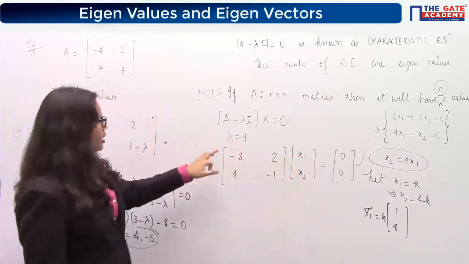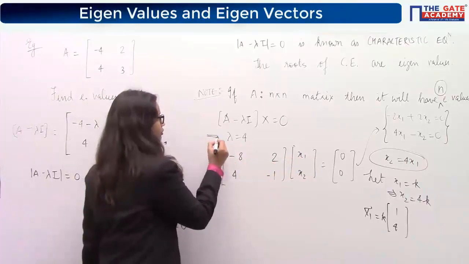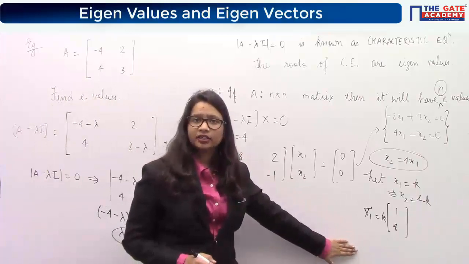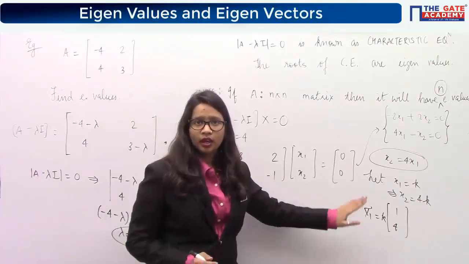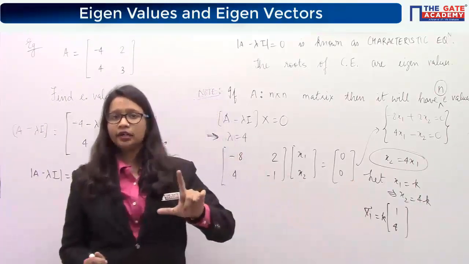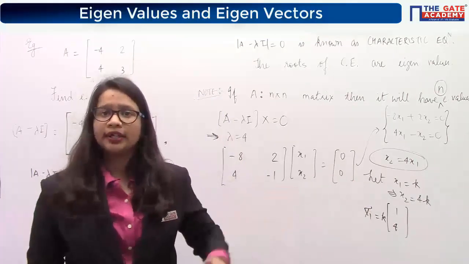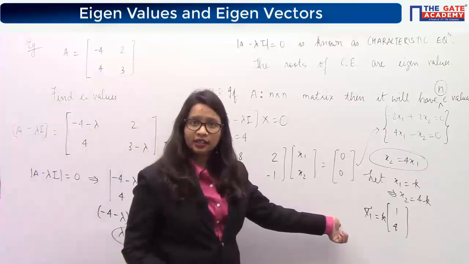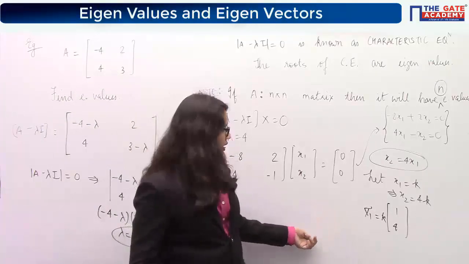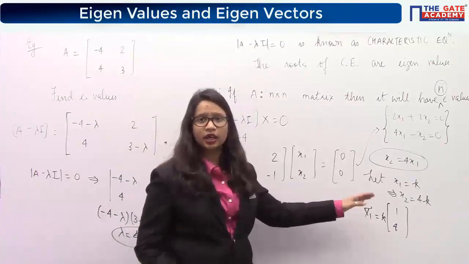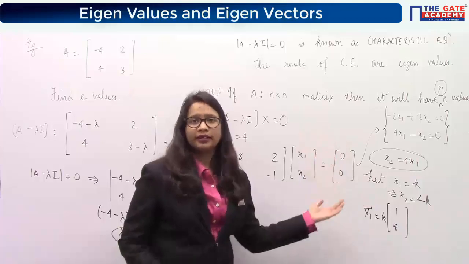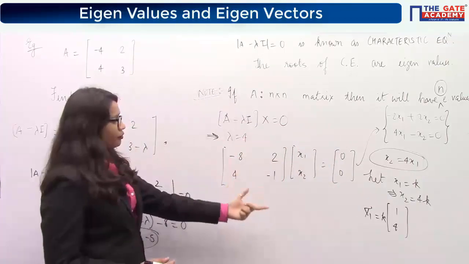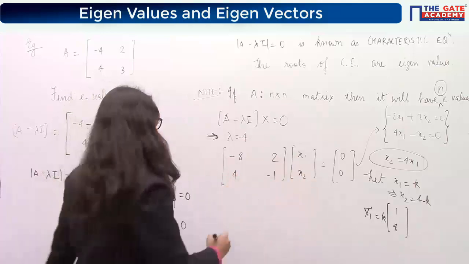Now if I have calculated the eigenvector corresponding to one eigenvalue, how many eigenvectors will you get? Corresponding to one particular eigenvalue, these are actually infinite eigenvectors. This satisfies for k equal to 1, k equal to 2, -1, half, and so on. So for one eigenvalue, we will have infinite eigenvectors.